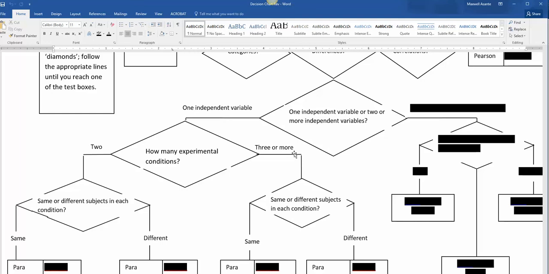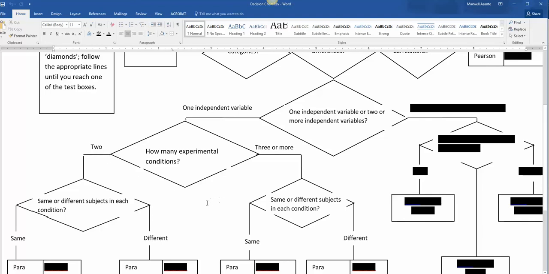And another room in which the temperature is quite hot. So the temperature may be 90 degrees. So you are comparing two conditions, the cool room of 70 degrees versus the hot room of 90 degrees. In this kind of experiment, you'll be considering two experimental conditions, the cool room and the hot room.